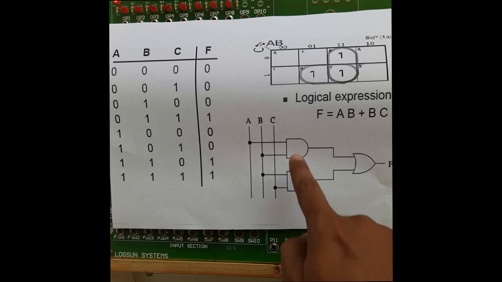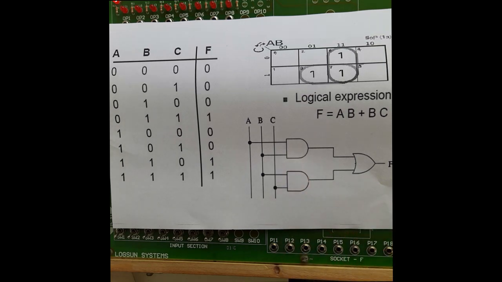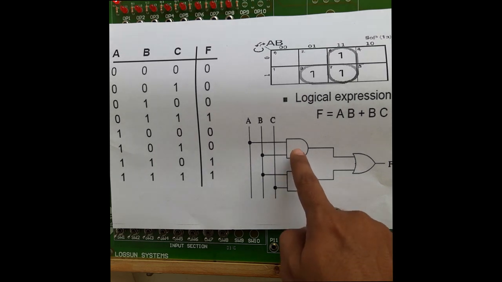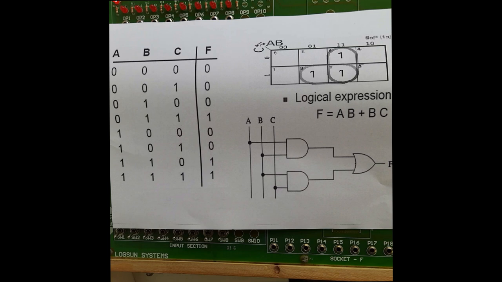Now how many ICs? After calculating the number of gates, first identify which type of gate, here the AND gate. How many AND gates? Here 2 AND gates. So how many ICs do we require? The question is, for this circuit diagram, how many AND gate ICs we require. For that purpose you need to calculate the number of AND gates.